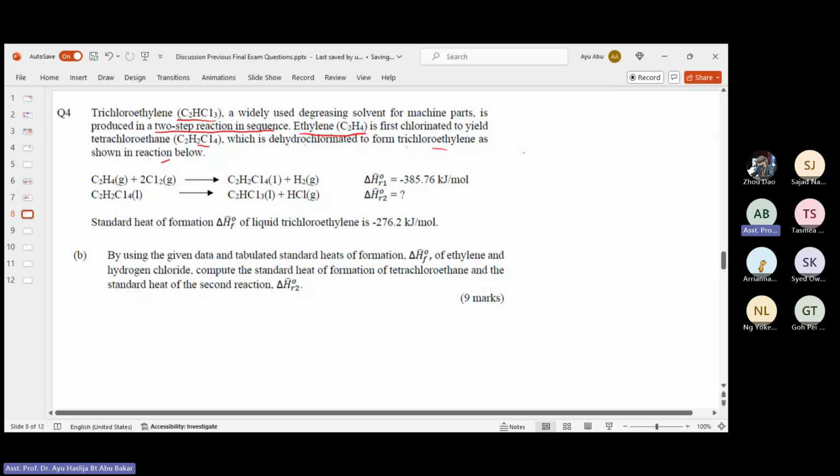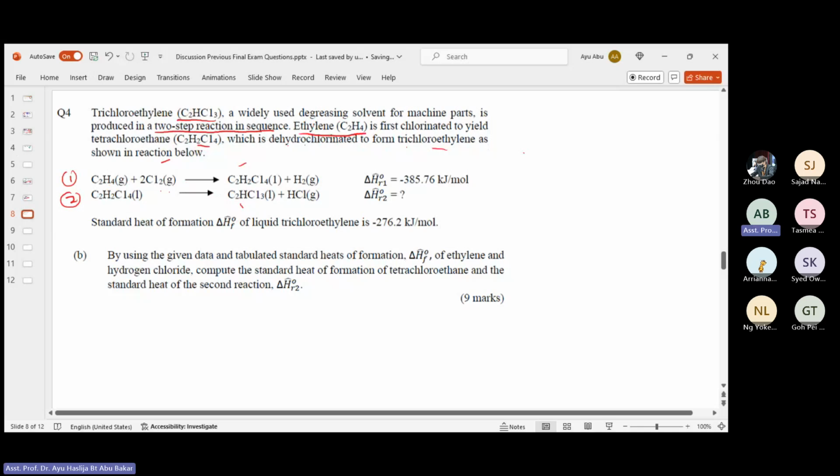Okay, here you have two reactions. The first reaction is the chlorination of ethylene to yield tetrachloroethane. Then the second reaction is tetrachloroethane dehydrochlorinated to form trichloroethylene. So we have two reactions over here.